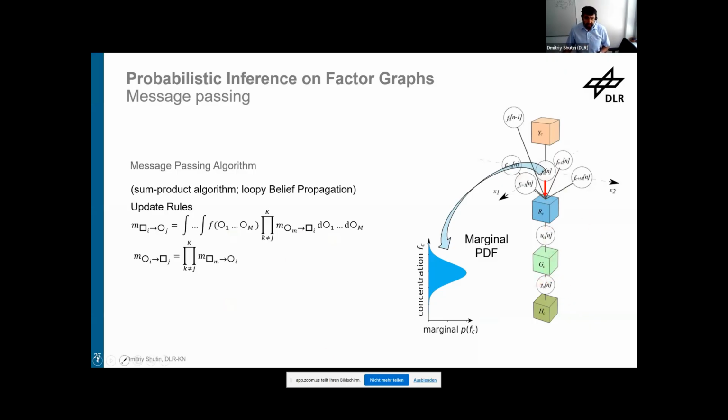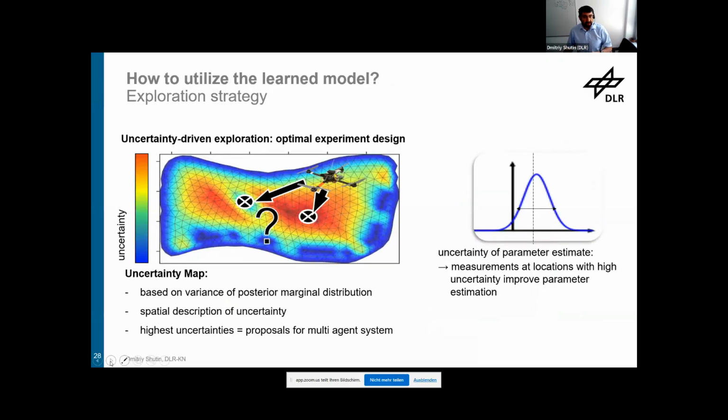So you can obtain an estimate not only of the mean values, but you get the distributions. And that's quite important because that goes from the model fit to the uncertainty quantification, because the distribution of the parameters tells us how uncertain our parameters are.